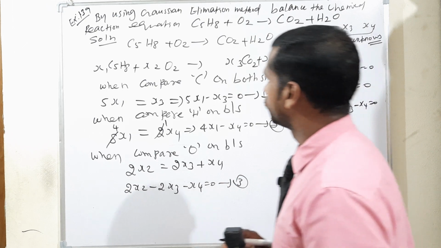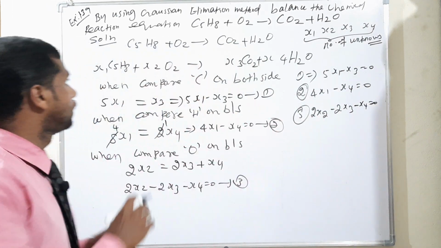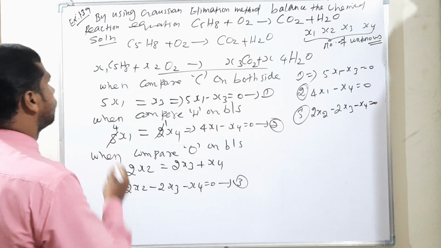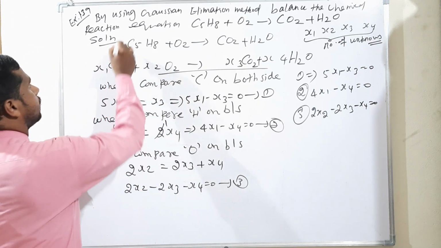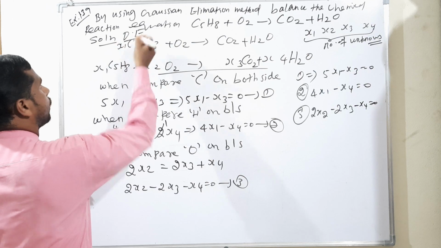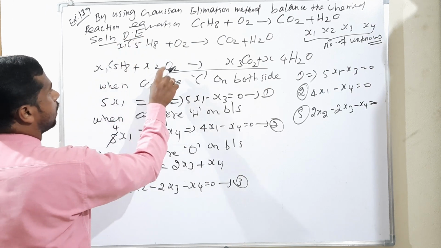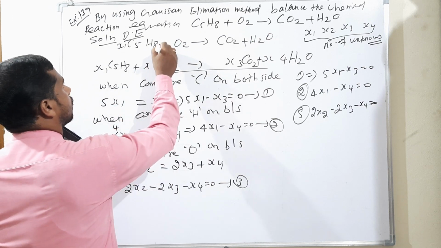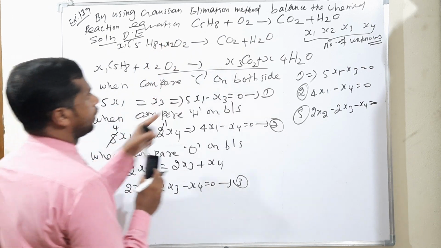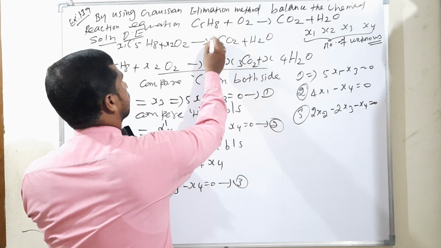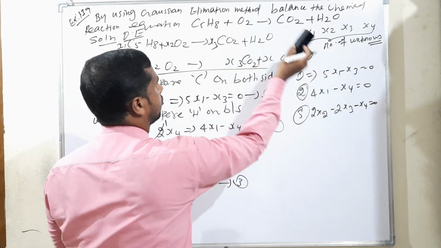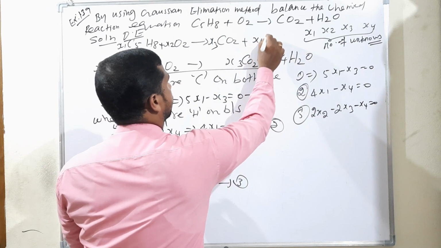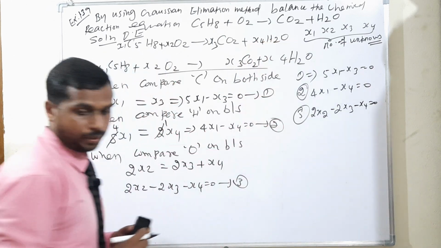Then we also need the original equation, OE: x1 C5H8, then x2 O2, then x3 CO2, and x4 H2O.